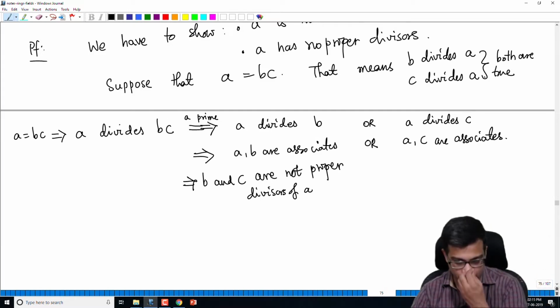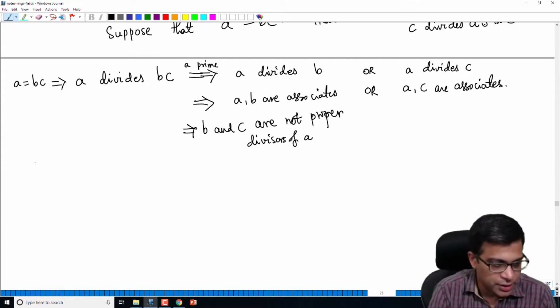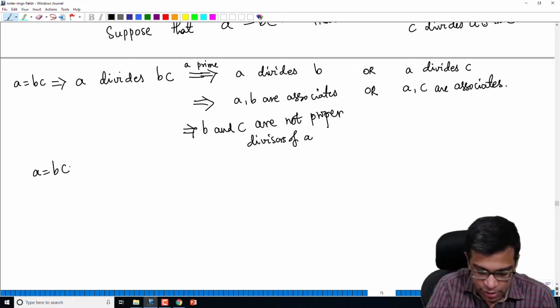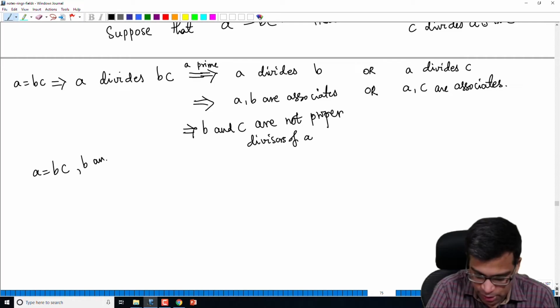So we cannot have, of course, just to illustrate this, suppose A is equal to BC and B and C are associates, B and A are associates.